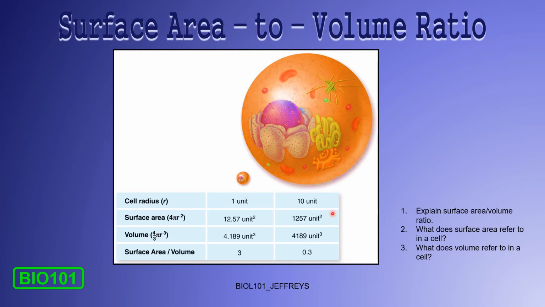So think about this. What if you had some necessary nutrient that needed to get into the cytoplasm of the cell? Because of the large surface area to volume ratio, diffusion is going to happen very quickly and get to where it needs to go, whatever the substance is, versus this large cell. Suppose you're diffusing down here and you need to go over here.